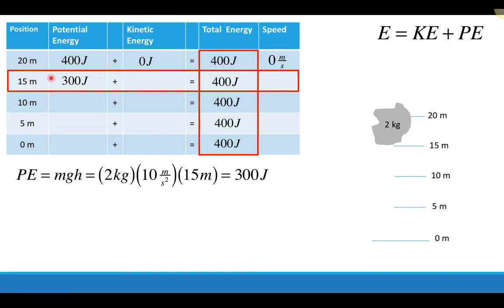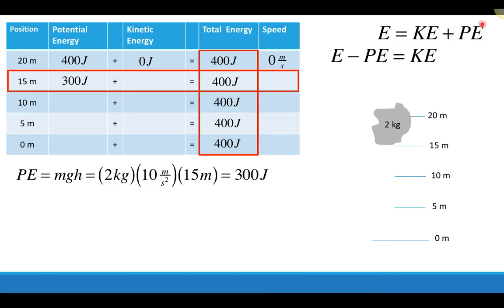I know that the potential energy plus the kinetic energy has to equal 400. So I should be able to fill in a value for the kinetic energy, so that adding the two, potential and kinetic, will give me 400. More specifically, I can rewrite the total mechanical energy as kinetic plus potential.